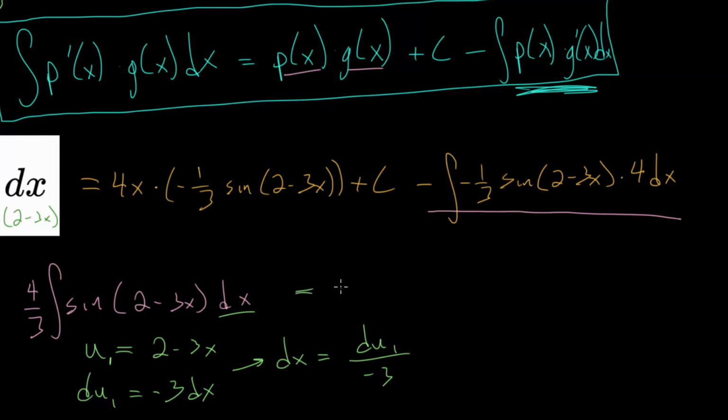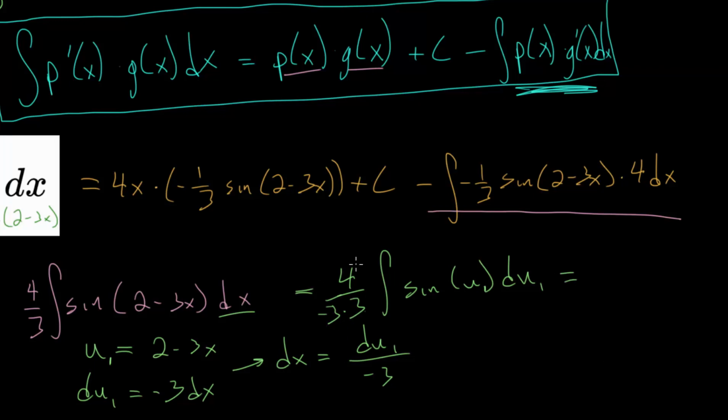So let's substitute everything in. We have 4/3 multiplied by the integral of the sine of u multiplied by dx, but dx is du1, excuse me, there's a subscript here as well, and then all divided by -3, which we can just factor out. We have -3 multiplied by 3 in this denominator.